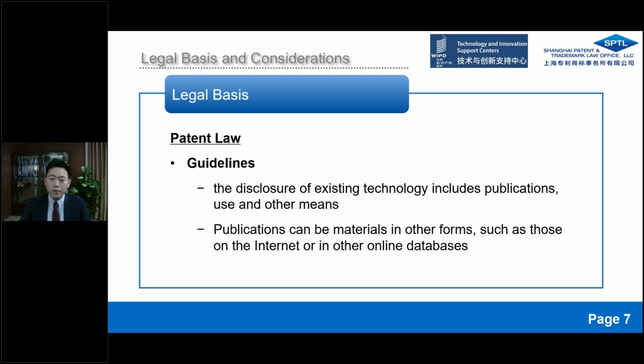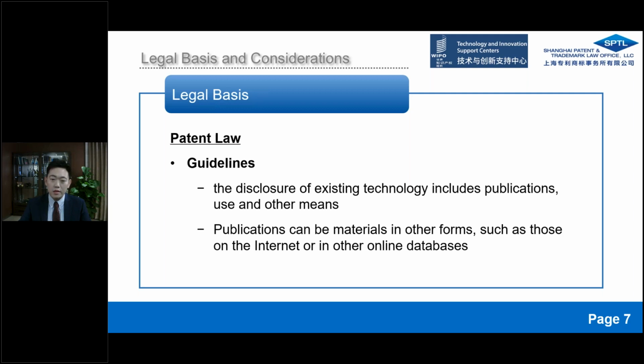Guidelines further clarifies that the disclosure of existing technology includes publications, use, and other means. Publications in the context of the patent law means existing independent disseminating carriers of technical or designing content, which shall indicate or be supported by other evidence for the date of publication.